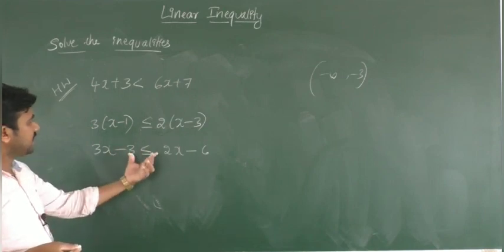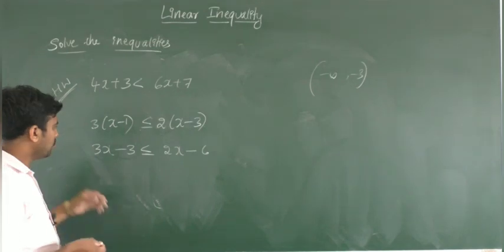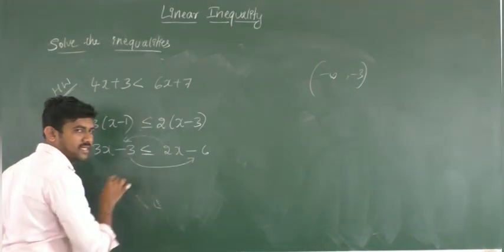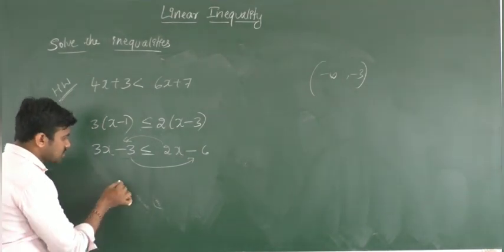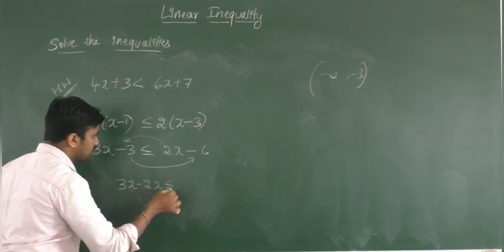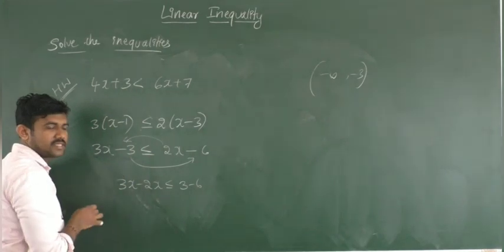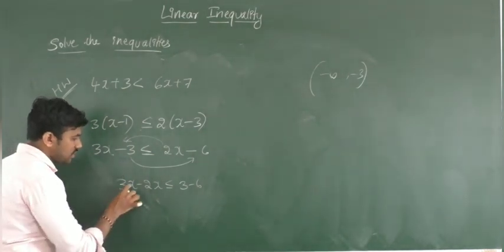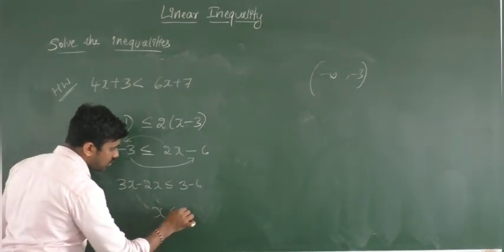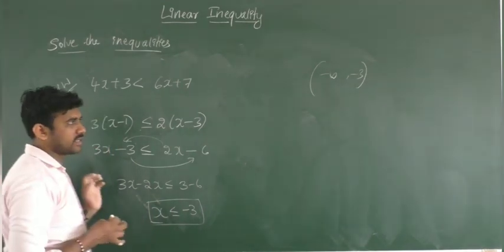Now bring 2x to this side and minus 3 to the other side to solve this inequality. So we'll get 3x minus 2x less than or equal to 3 minus 6. 3x minus 2x is nothing but x, less than or equal to minus 3. X is less than or equal to minus 3.